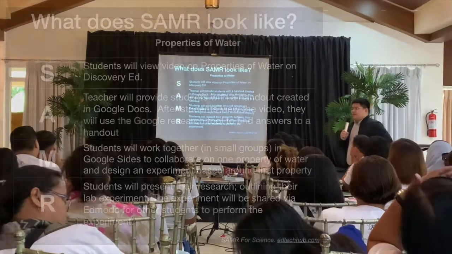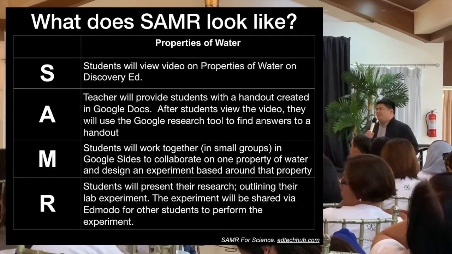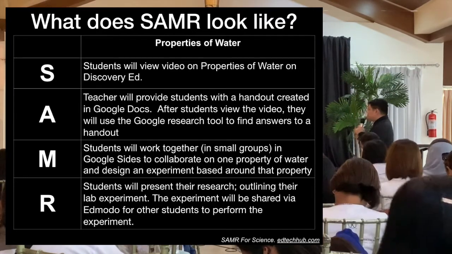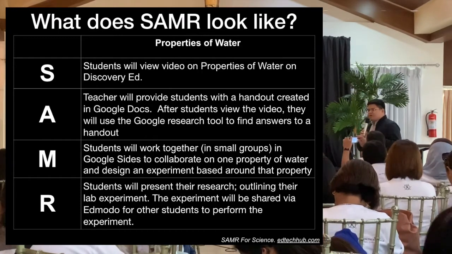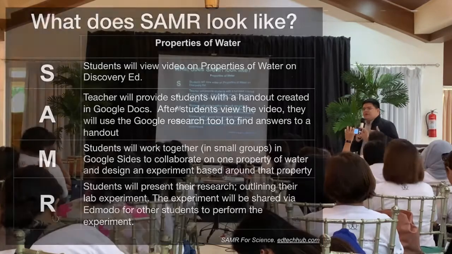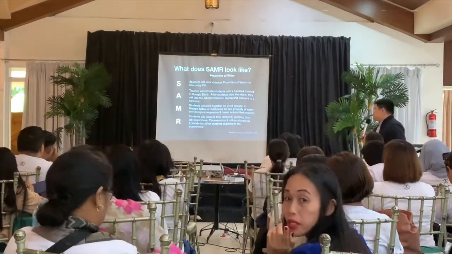And here we have another science model. So students will view a video on the properties of water found in Discovery Education. Then the teacher will provide a Google Doc where the students will just answer questions that they can research online.